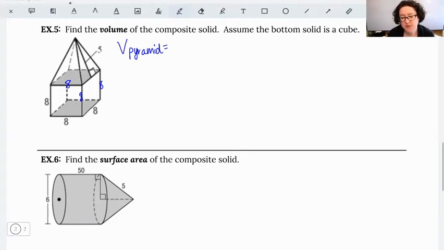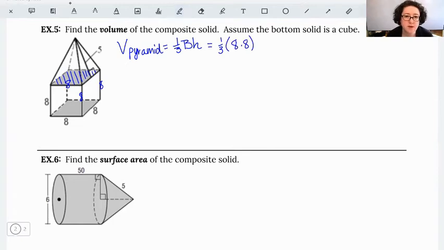So volume of our pyramid, our formula is 1/3 big BH. So again, big B is the area of the base. In our pyramid, that's this square that's on the bottom of our figure. And so don't forget, area of that square is going to be base times height, or length times width. And if all of the edges are 8, that's just going to be an 8 times 8.